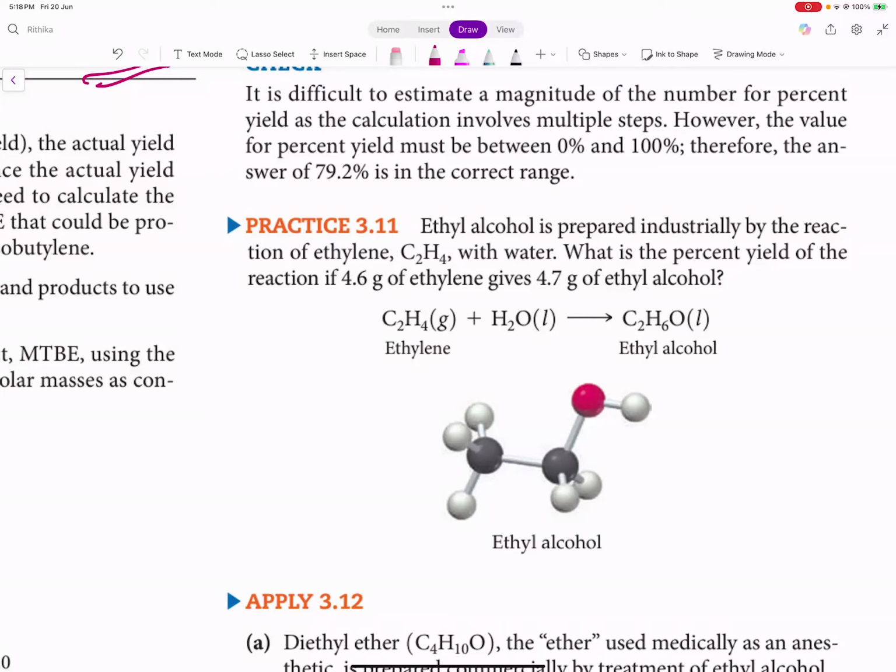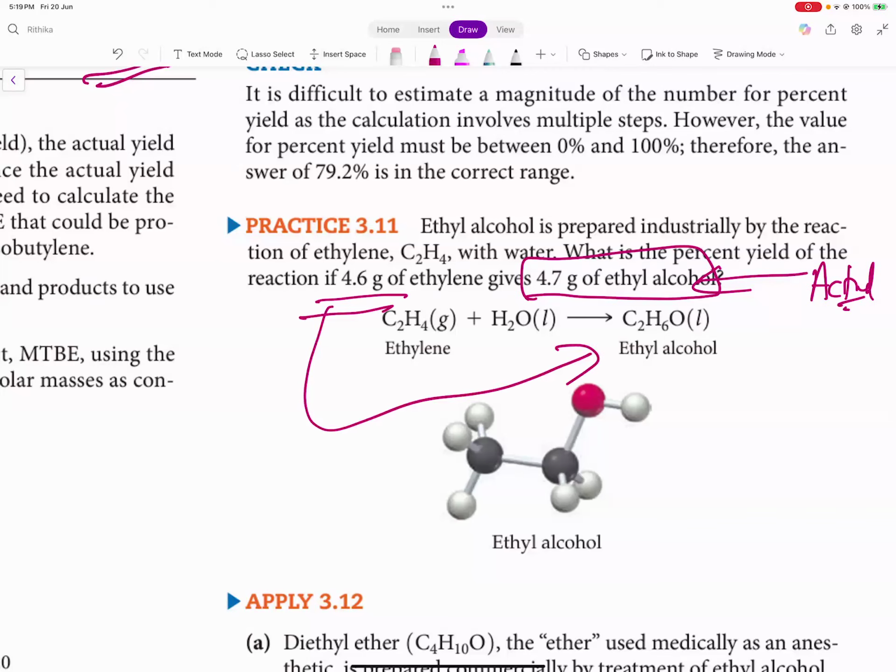We went to the lab and we treated 4.6 gram of ethylene and we got 4.7 gram of ethyl alcohol. But theoretically, how much should we have obtained? So this is what we have actually obtained. This is actual. For theoretical, we forget this and calculate from what is given. Got it?